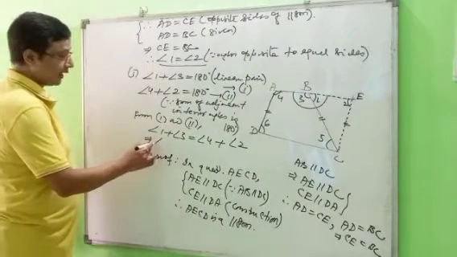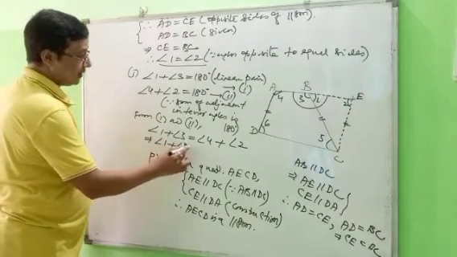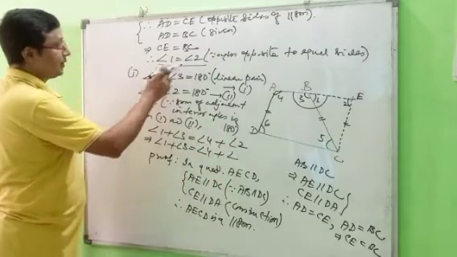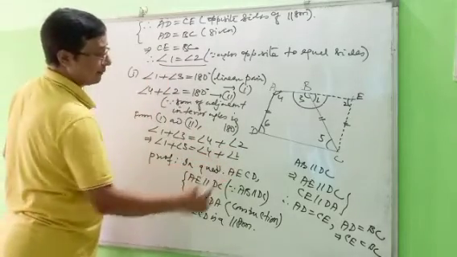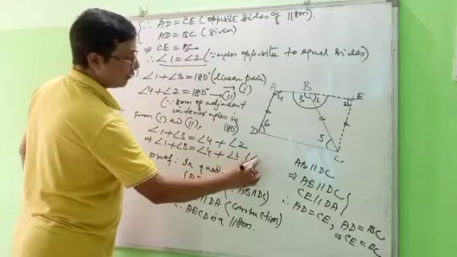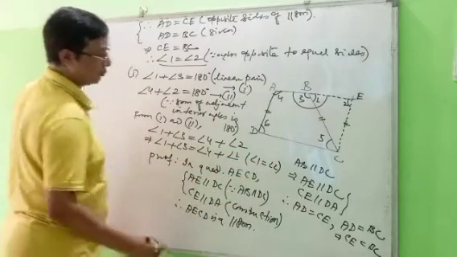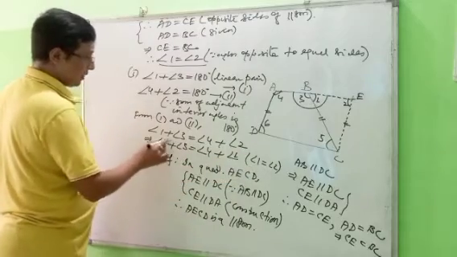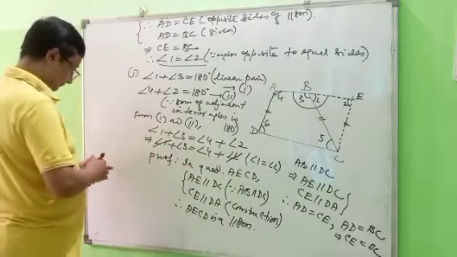So you got here angle 1 plus angle 3 is equal. In place of angle 2 you can write angle 1, since angle 1 is equal to angle 2. So these two got cancelled.